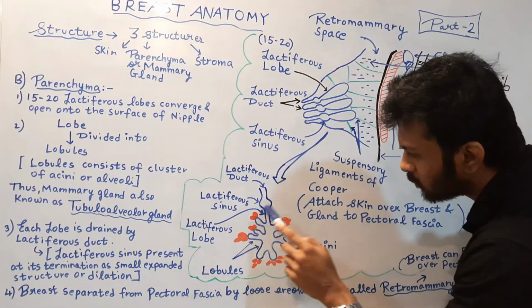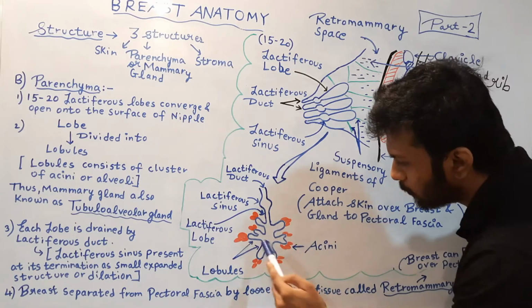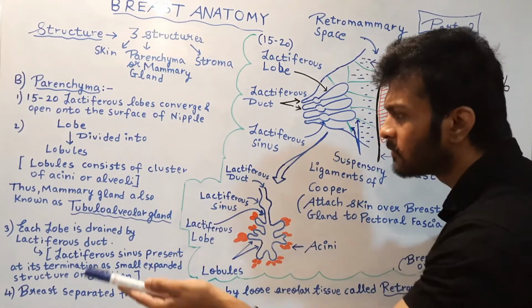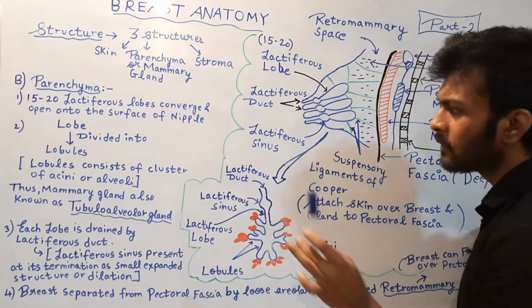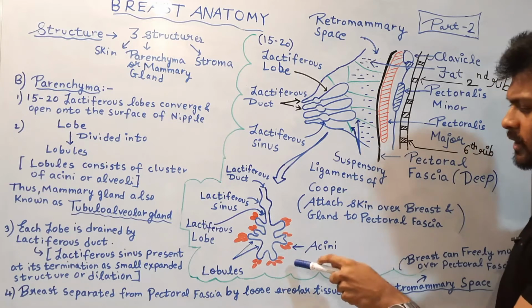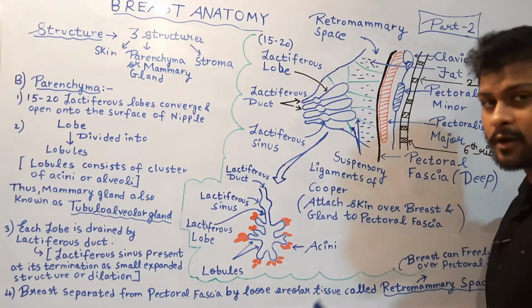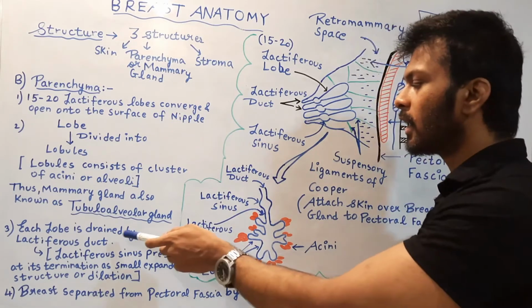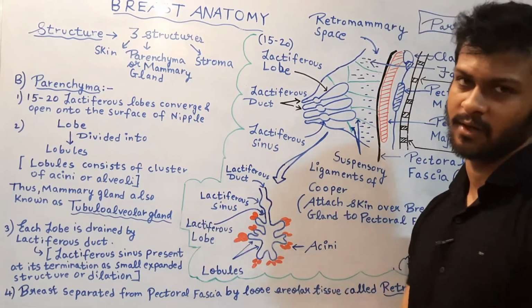So one lactiferous lobe is divided into many lobules, and lobules will consist of the cluster of acini or alveoli. So I have shown the cluster of acini or alveoli by red marker over here as clusters. Due to this, the mammary gland is also known as tubulo-alveolar gland, as simple as that. Okay.